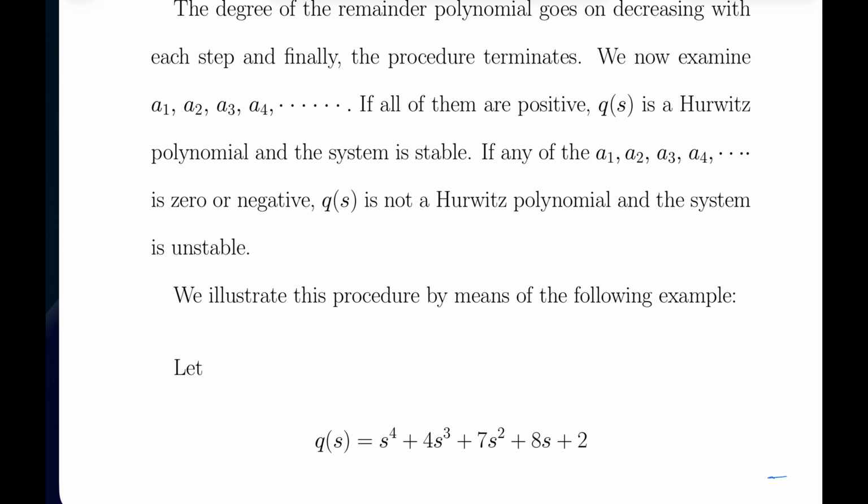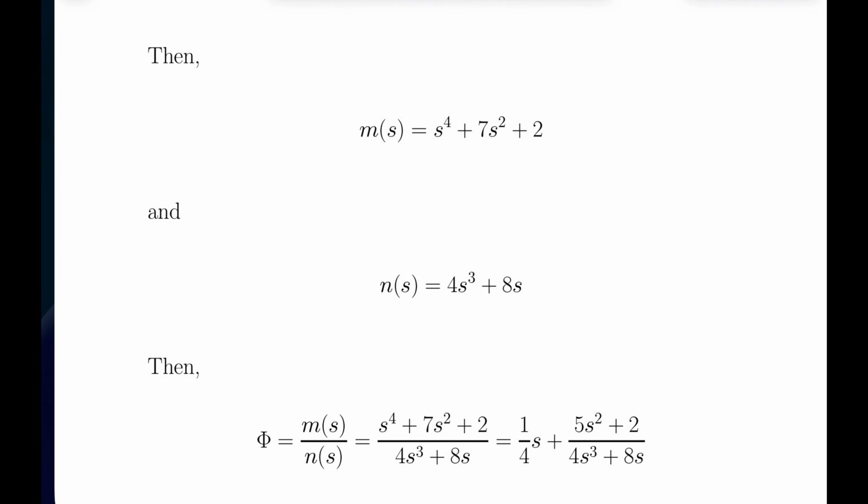Let Q(s) be equal to s to the power 4 plus 4s cube plus 7s square plus 8s plus 2. We now divide Q(s) into two polynomials, M(s) and N(s), where M(s) contains all the even power terms and N(s) contains the odd power terms.